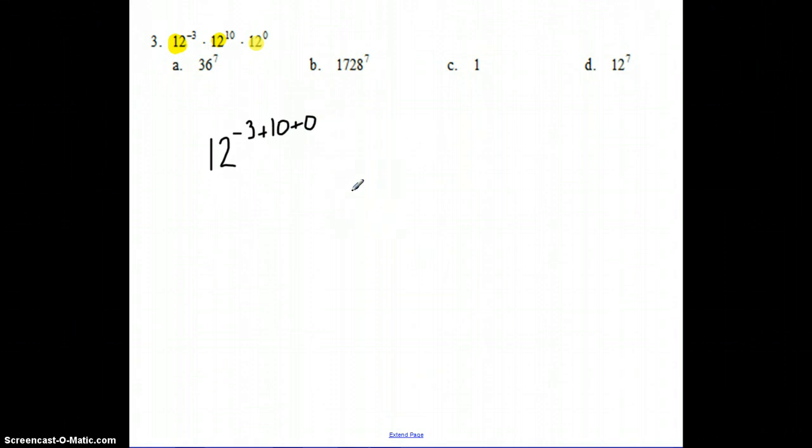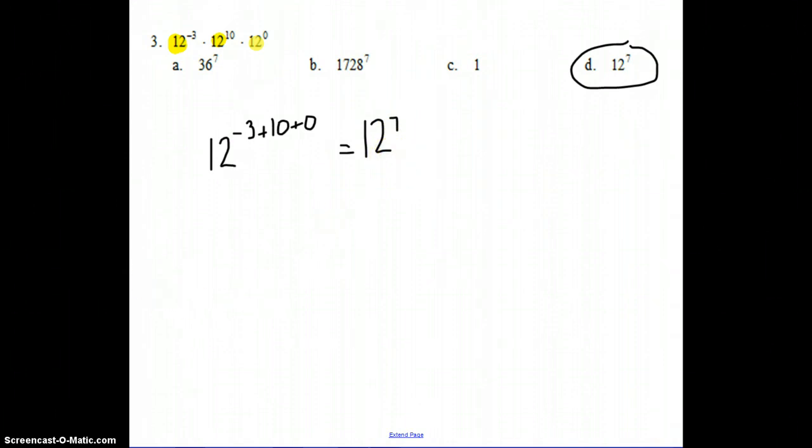So negative 3 plus 10 would be 7, plus 0 would be 7. So we have 12 to the 7th. Now normally I would take this and multiply it out, but I can tell by looking up here that that's really going to be enough to give me the answer. If I didn't see 12 to the 7th in that list, then I'd want to actually take this 12 to the 7th and put it in the calculator and solve for it.